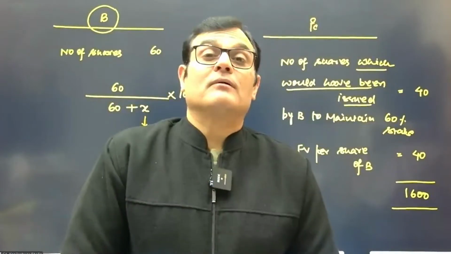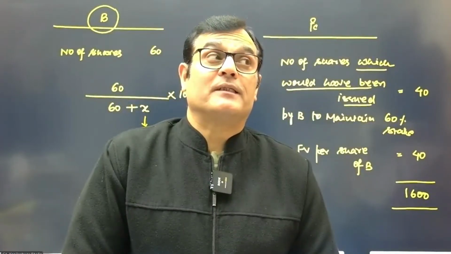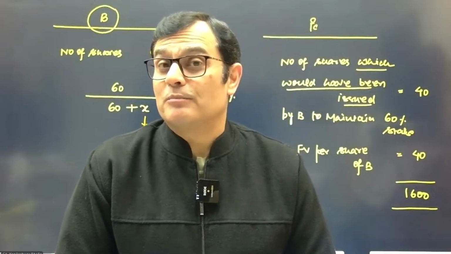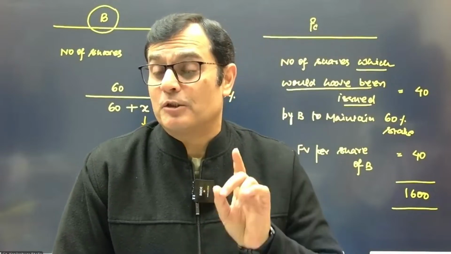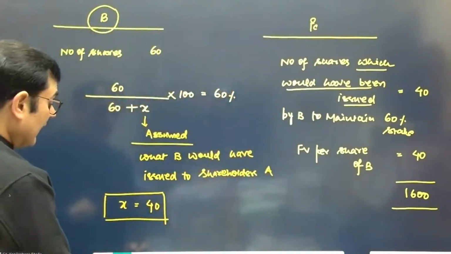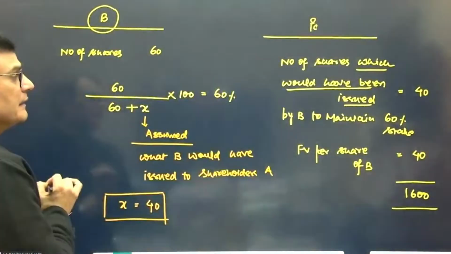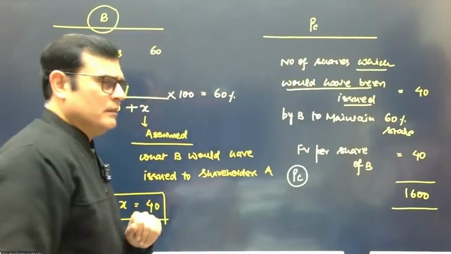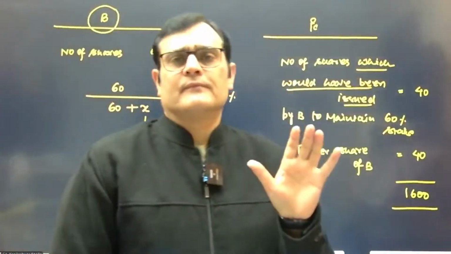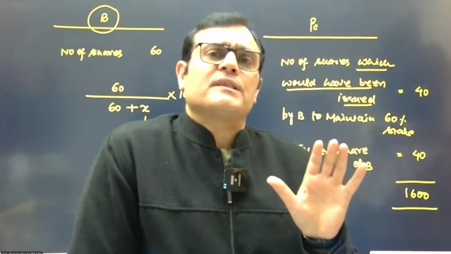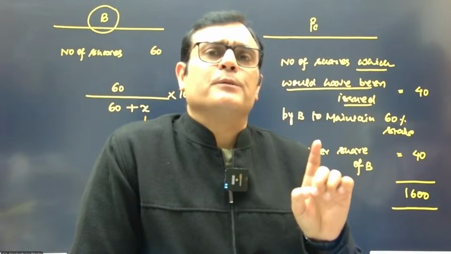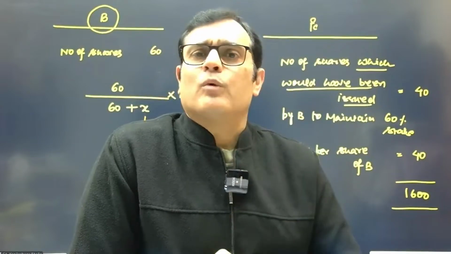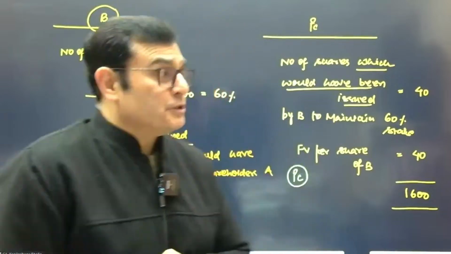I want to do some more analysis, friends. At this stage my computation is done, but I am not done because I want to do some more calculations. Now watch this. I am just thinking, if I were to calculate the purchase consideration in a normal manner, had this not been a reverse acquisition, then how would I calculate it?